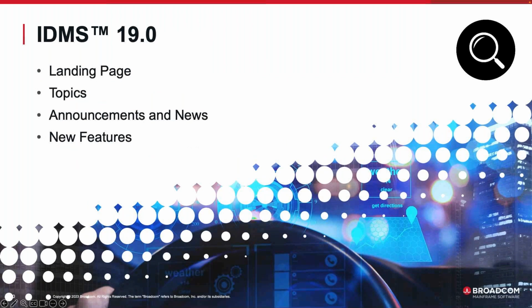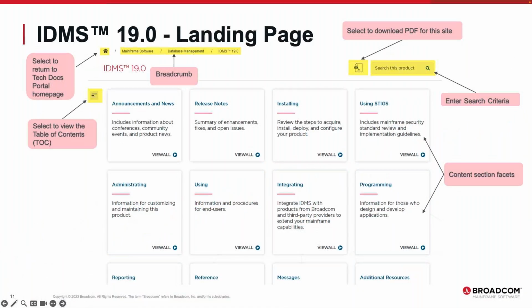Here's what we'll be discussing for the IDMS main site: the landing page, topics, announcements and news, and our new features. This is the IDMS landing page. The icon in the upper left gets you the table of contents, so you can view what information is available on the site layout.